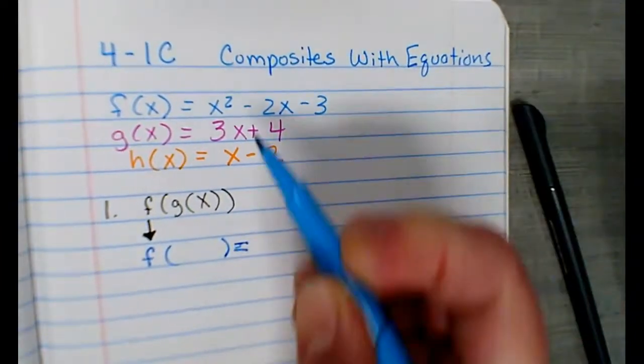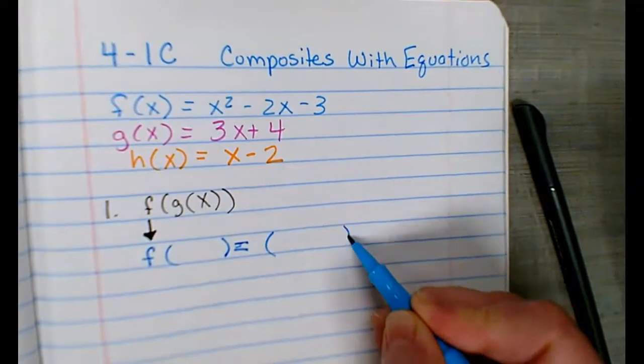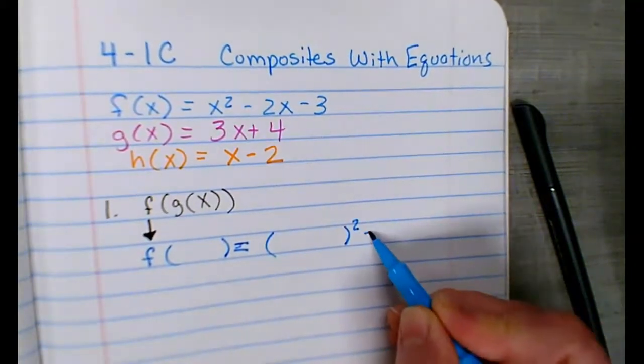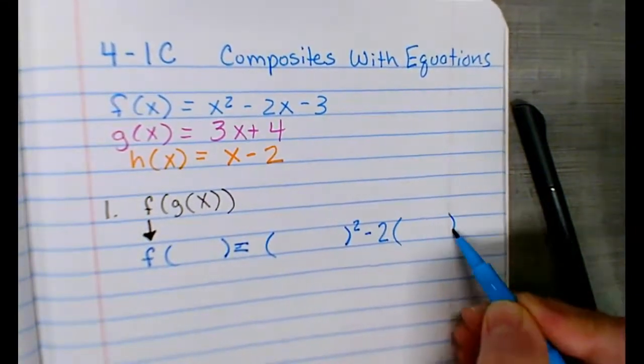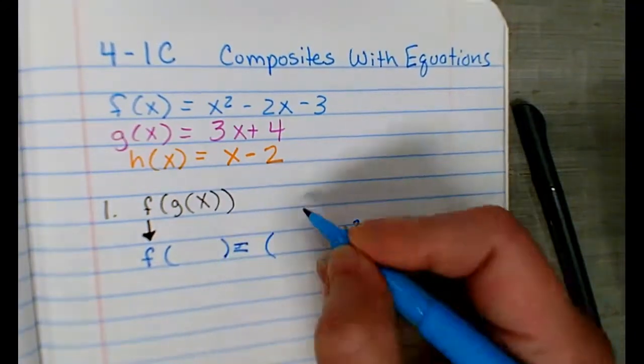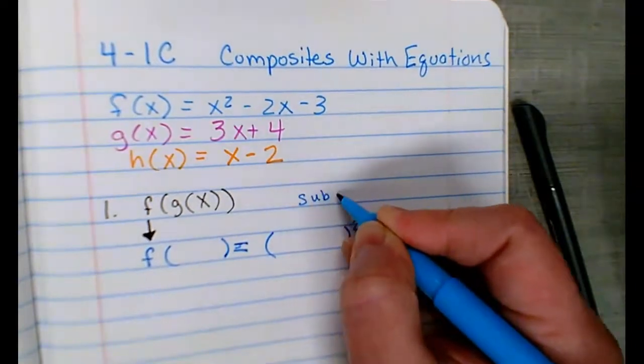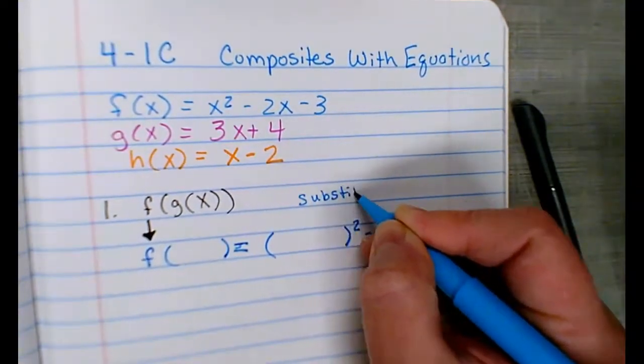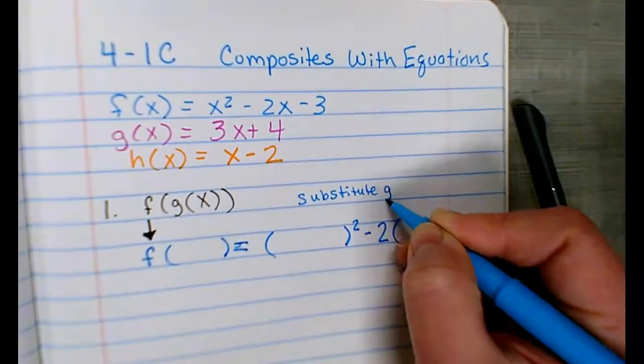But instead of writing down the x, what am I writing? You see the parentheses? Instead of writing down the x, I wrote down the parentheses. Because in place of x, I am going to substitute g of x.